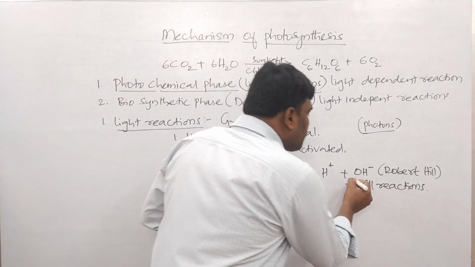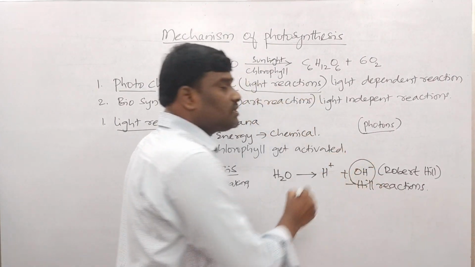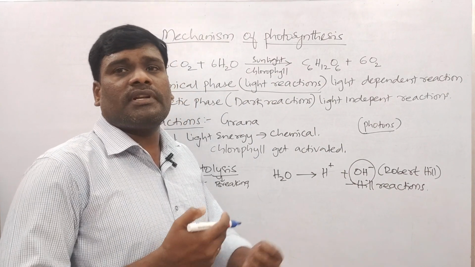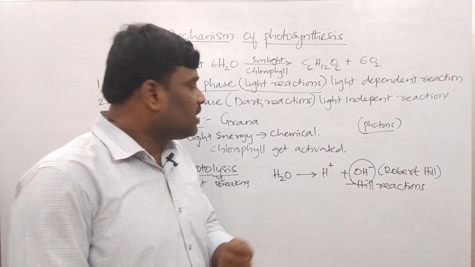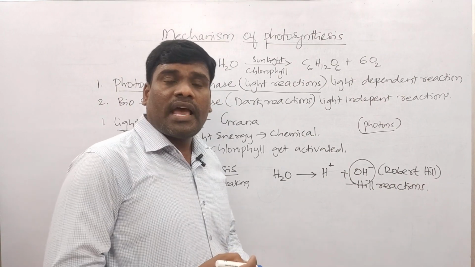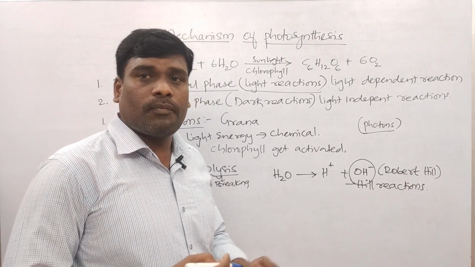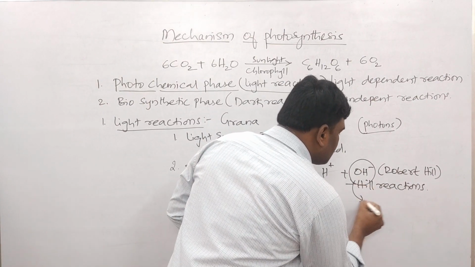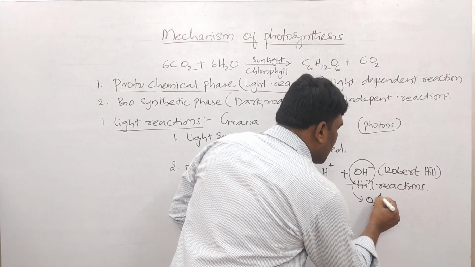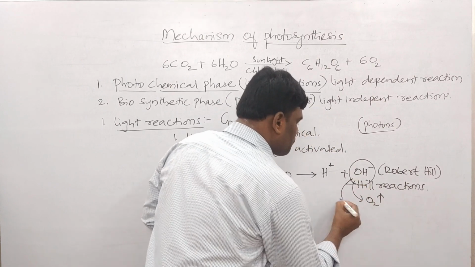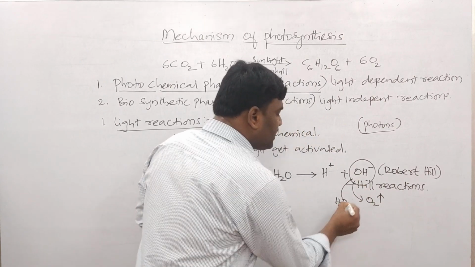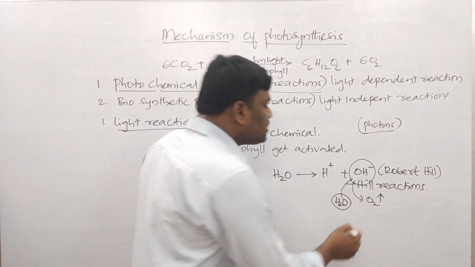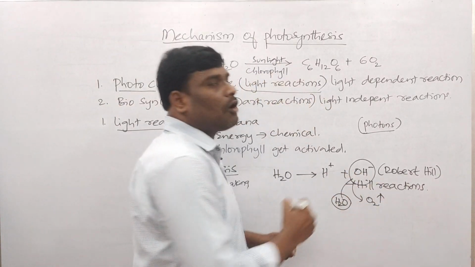So what happens to these hydroxyl ions, children? They undergo a number of steps and convert into oxygen as well as water molecules. This water is used by the plant, but the oxygen is released outside, children.